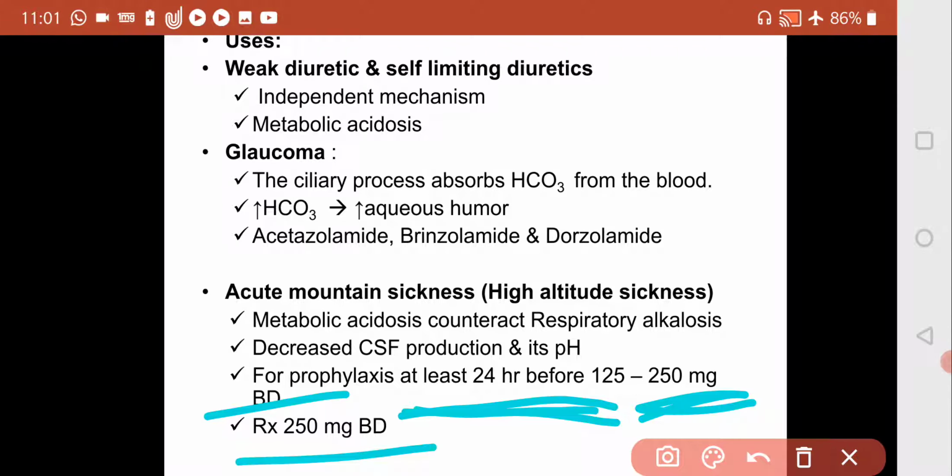In treatment also we give 250 milligram BD in acute mountain sickness or high altitude sickness. So if somebody is going to Leh Ladakh, the drug given is acetazolamide, 250 milligram BD.